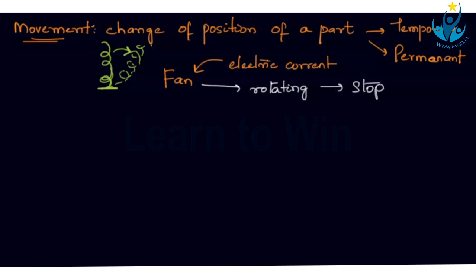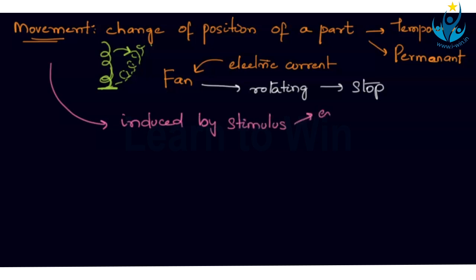So basically, whether it is a living organism or a non-living object, movement is induced by a stimulus. This stimulus can be external or internal. It can be a signal that is coming from inside, or a reaction to a signal that has come from outside. Either way.